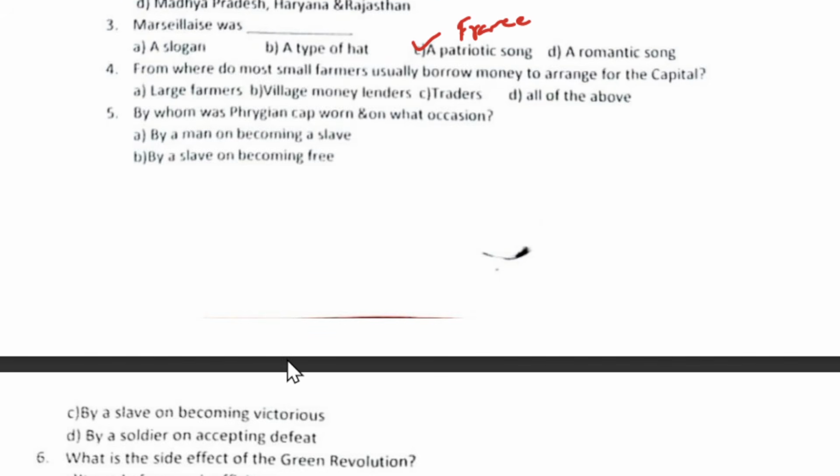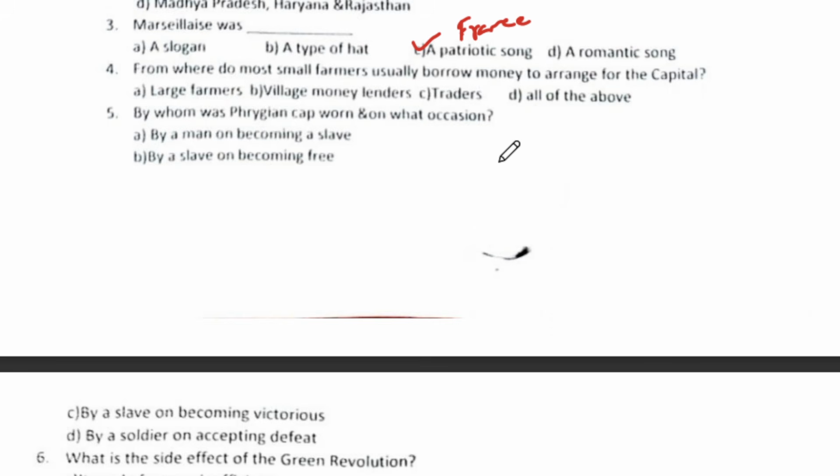Next, from where do most small farmers usually borrow money to arrange for their capital? For example, if small farmers are there in the village and they want to make their farm larger, or cultivate some new crops, where do they borrow the money? Where do they go for capital?